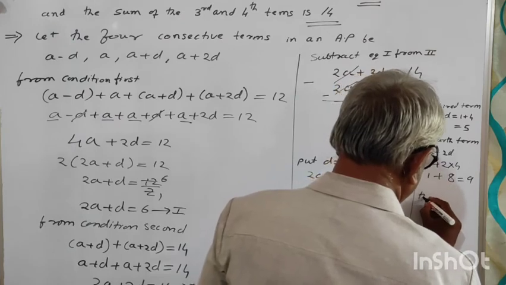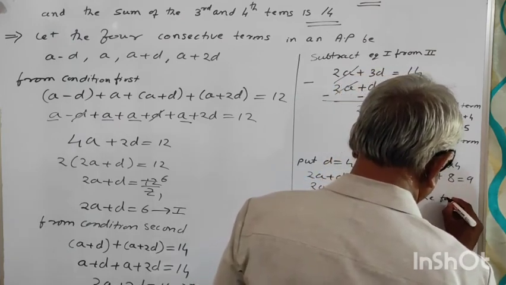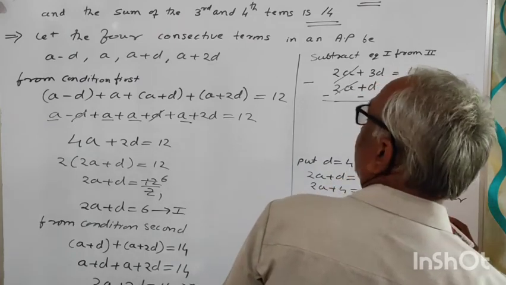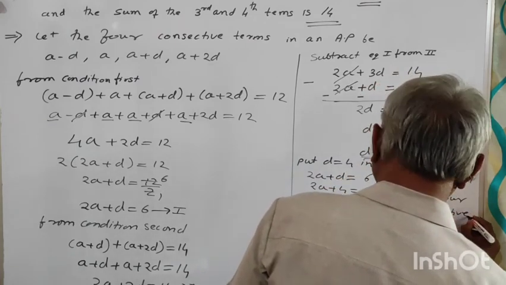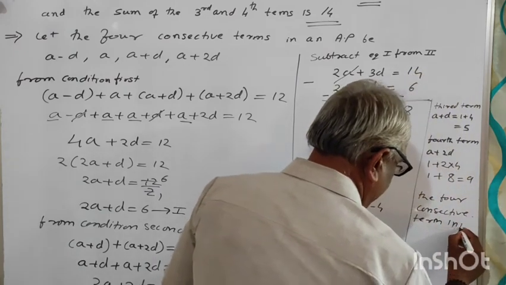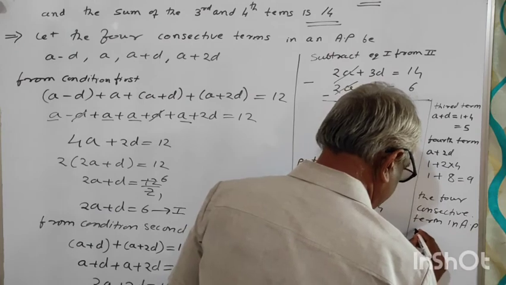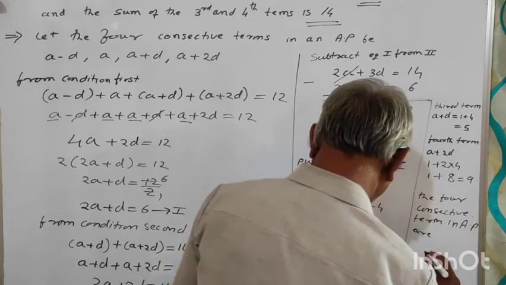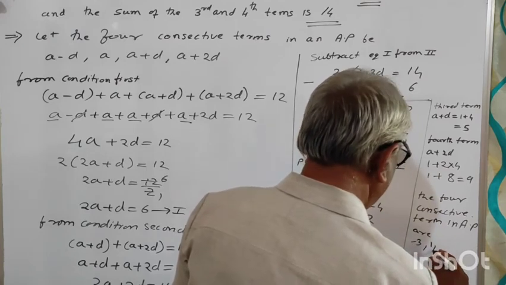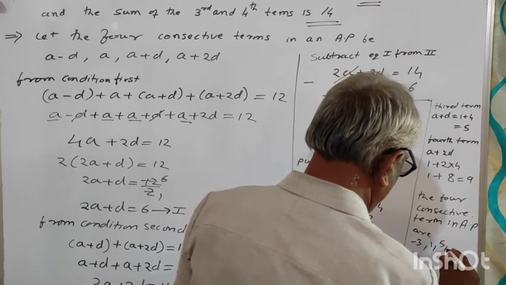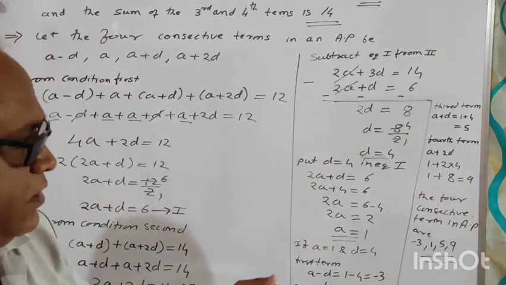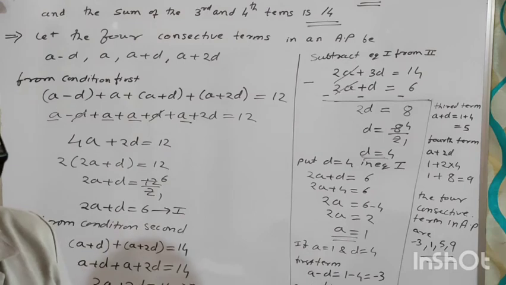That means the four consecutive terms in arithmetic progression are minus 3, 1, 5 and 9. This is the answer. You can take the screenshot and write it in your notebook.